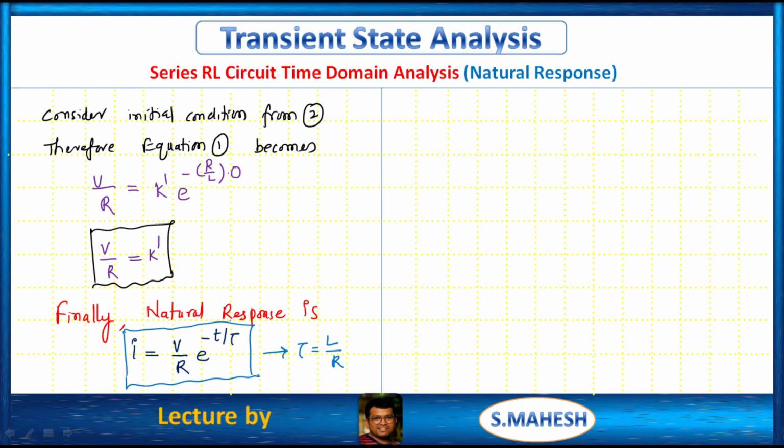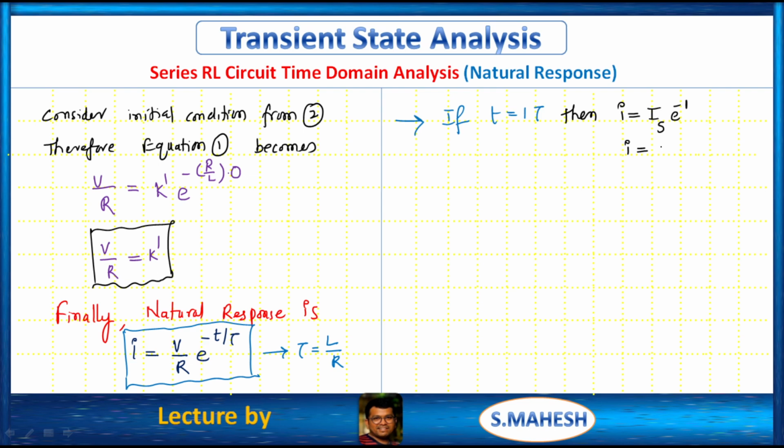Then tell me, is it an exponentially rising function or an exponentially decaying function? Let us substitute. If t equals 1 tau, then I equals e power minus 1.